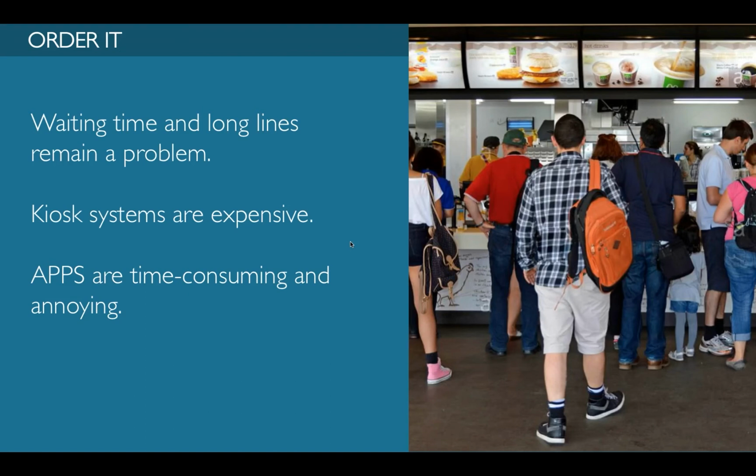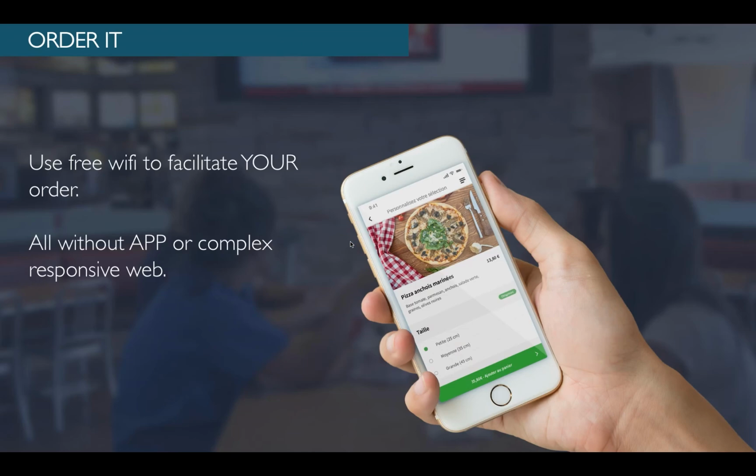So what we provide here is an application which you can use through Wi-Fi, all without an app or complex responsive web. There is nothing you need other than to connect to your Wi-Fi or scan a QR code.